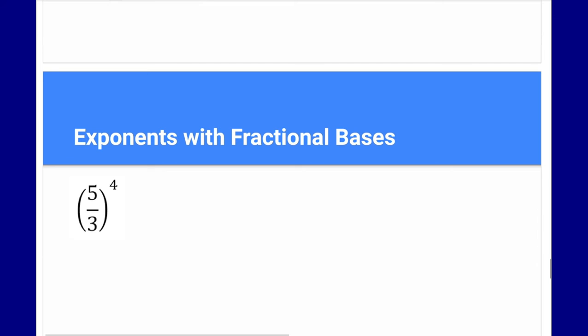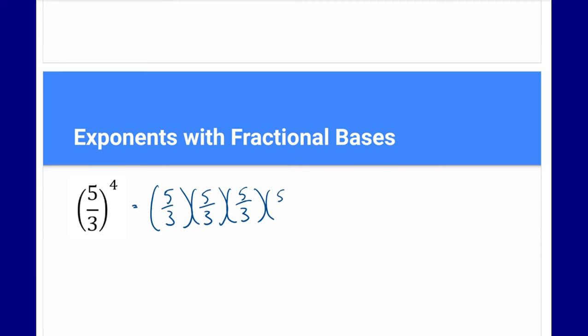What would happen if we had fractions as our base? So 5 thirds to the power of 4. Well, similar to last time, let's break it down and see what this actually works out to. Well, 5 over 3 to the power of 4 means I have 5 over 3 times 5 over 3 times 5 over 3 times 5 over 3.